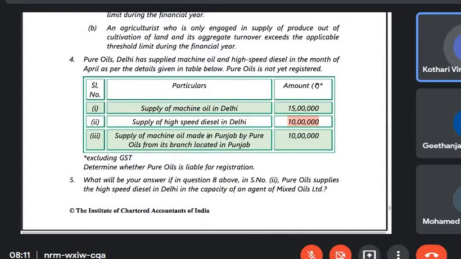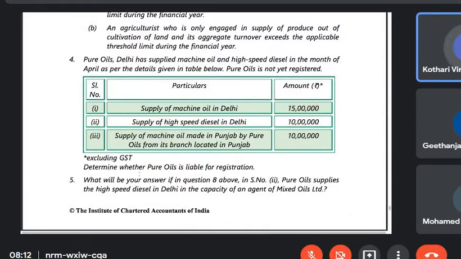Supply of machine oil in Punjab by Pure Oil from its branch located in Punjab, that means it is an intra-state branch transfer, which is not included as turnover itself. So here, since the exclusive supply of goods is less than 40 lakhs, registration is not required.